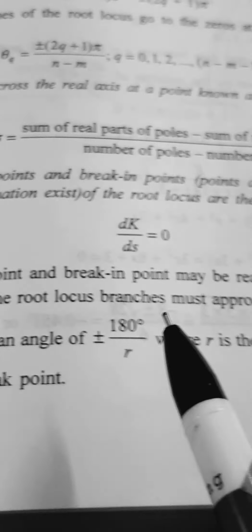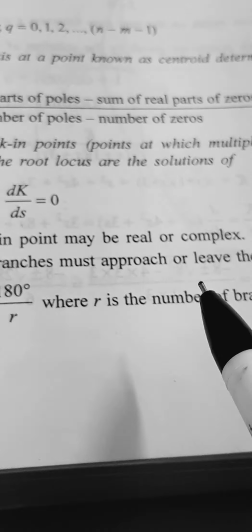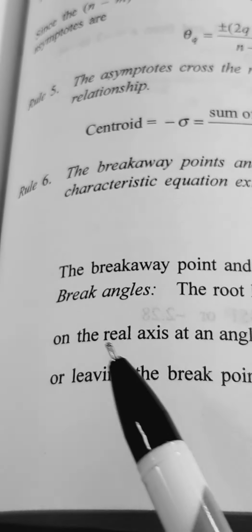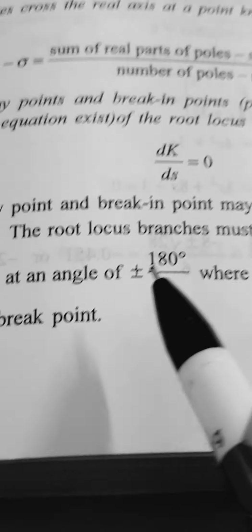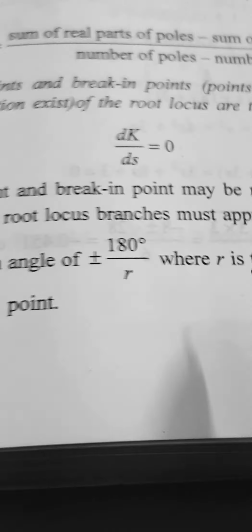Break angles: the root locus branches must approach or leave the breakaway point on the real axis at an angle of plus or minus 180 degrees divided by r, where r is the number of branches approaching or leaving the break point.